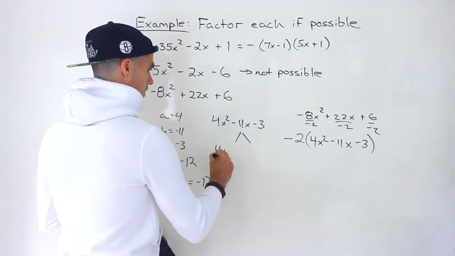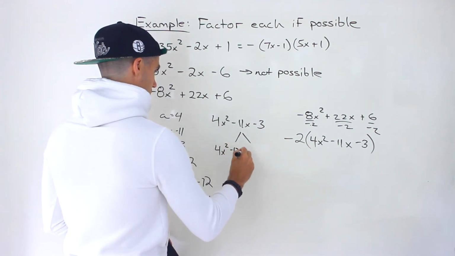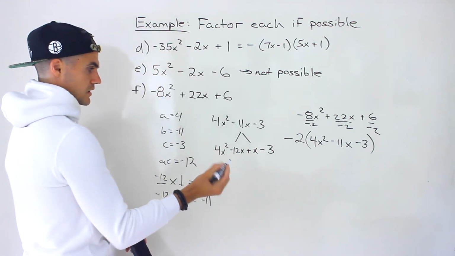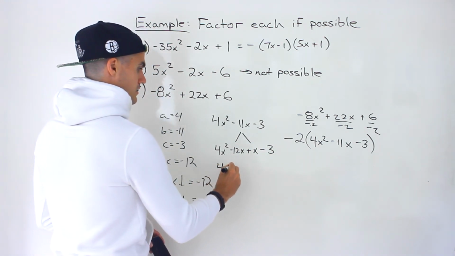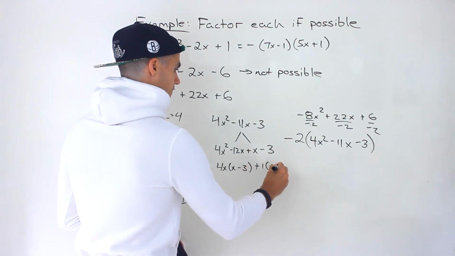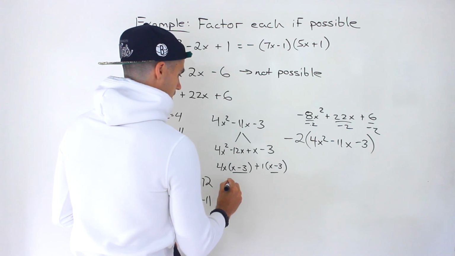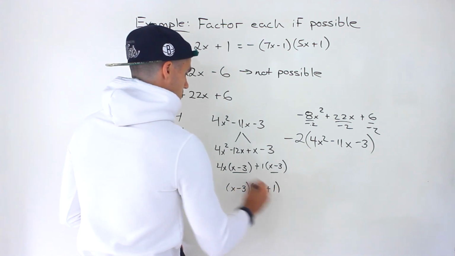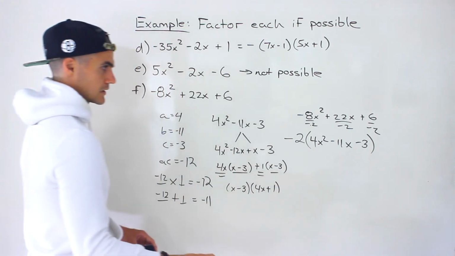So we'd have 4x squared minus 12x plus x minus 3 like that. From these two, could take out a 4x. Then from these two, could take out a positive 1. And then notice we could take out an x minus 3. And we're left with a 4x plus 1 like that, right?